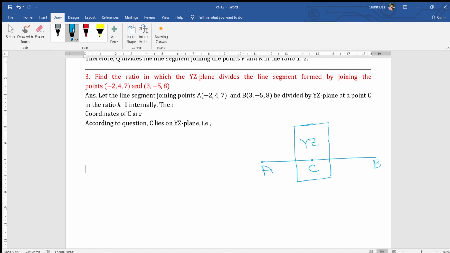Before starting the question, can anyone tell me one special property of the YZ plane? If any point is lying on the YZ plane, what will be the coordinate of the point?